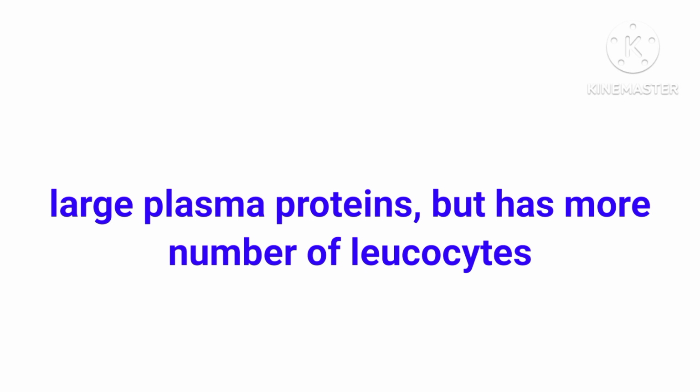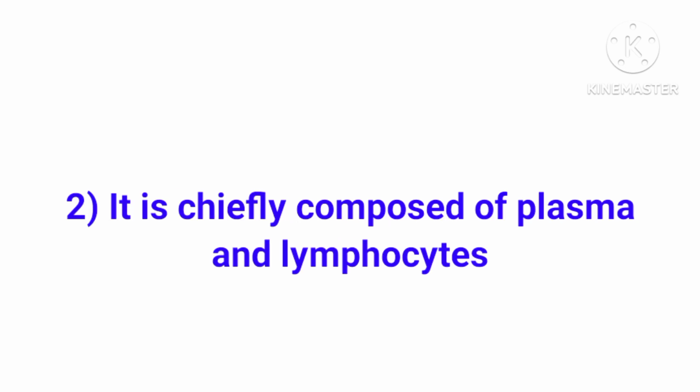But has more number of leukocytes, means these are nucleate, colorless, complete cells. They are spherical or irregular in shape and are capable of exhibiting amoeboid movement into the extravascular areas by diapedesis.